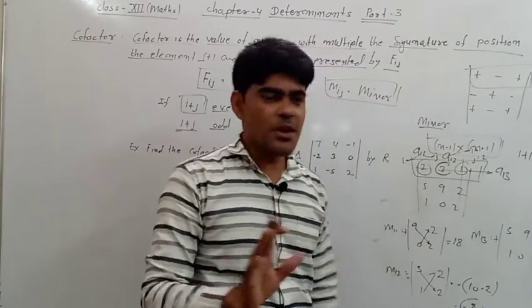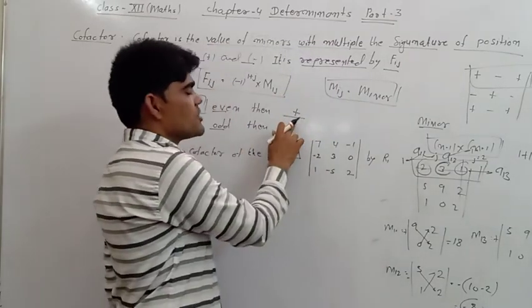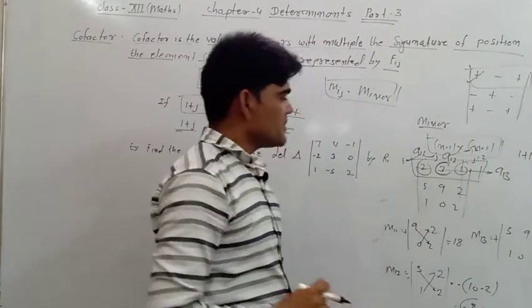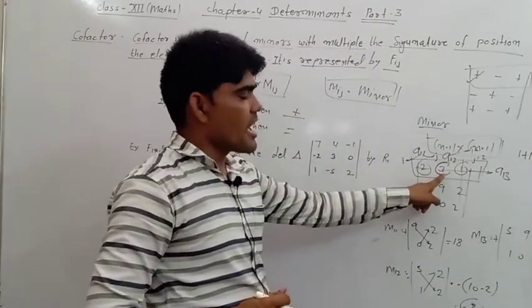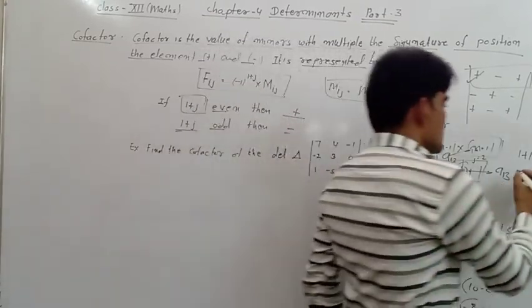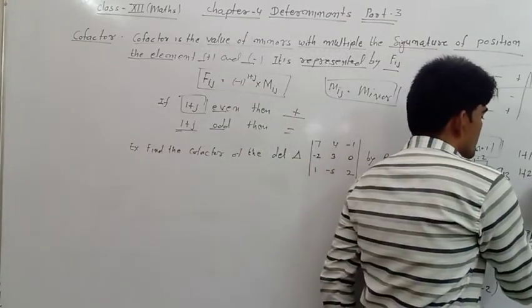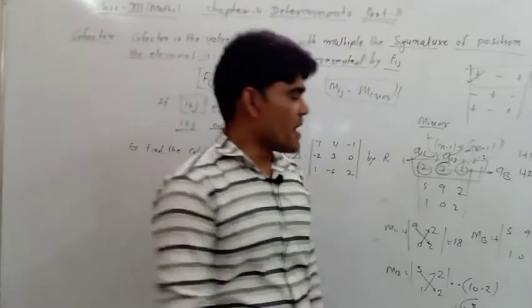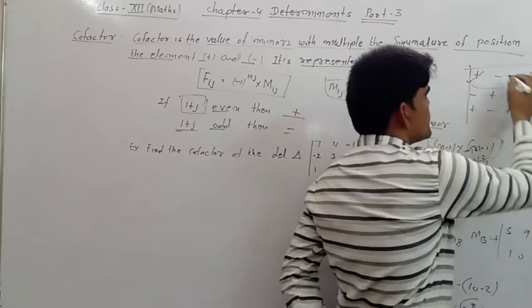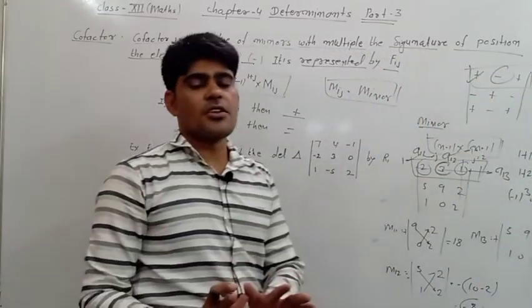It is an even number, so we use the positive sign. Similarly, element 3 is A12, so 1 plus 2 equals 3, minus 1 to the power 3 equals minus 1, then we use the negative sign.